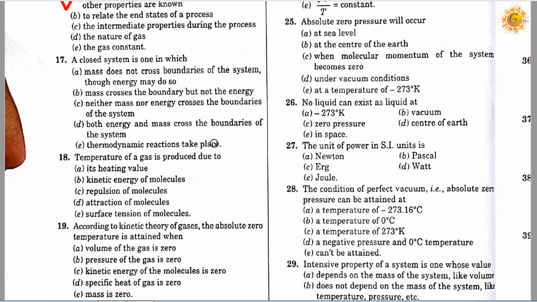So the correct answer is A. A closed system is one in which mass does not cross boundaries of the system though energy may do so.